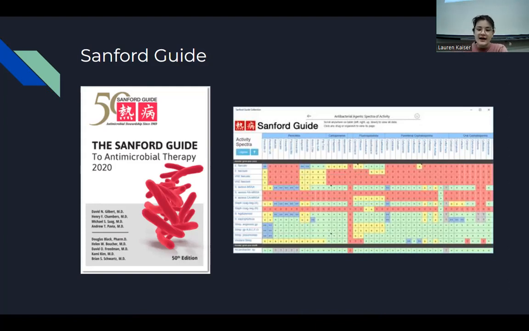Anyways, that's my personal motive, I guess. It's just interesting. If you had a culture and sensitivity done in the past, maybe you can find what bacteria it was and ask, what antibiotic was I given? Was it supposed to be effective? Did they give me the right antibiotic? That's also interesting to look at.